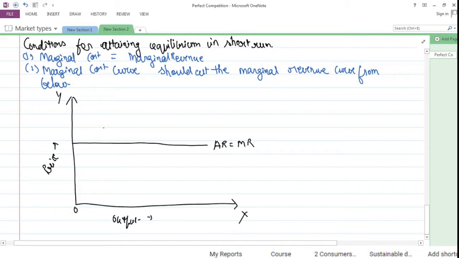So this is the short run marginal cost curve. Short run marginal cost, SMC.